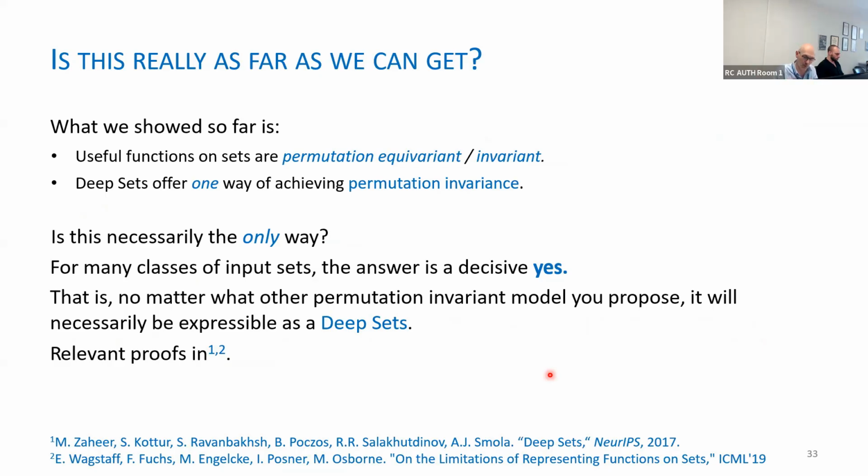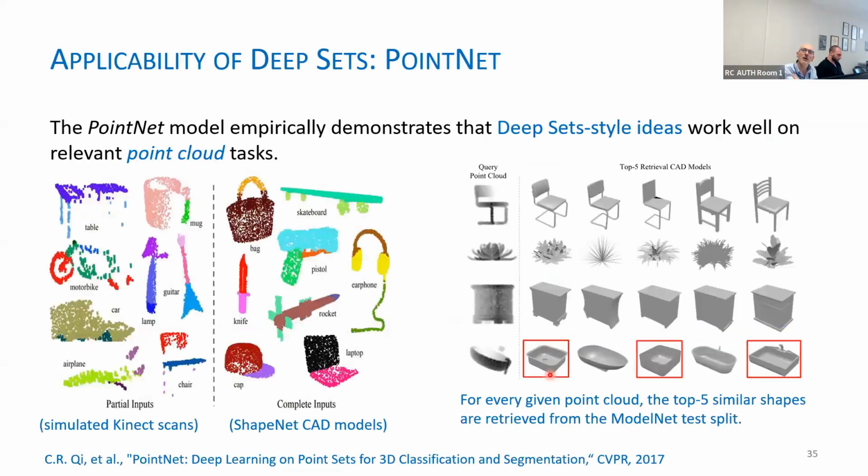Because as we will see now, PointNet satisfies these two conditions of equivariance at the level of points and invariance at the global level of the set of points.